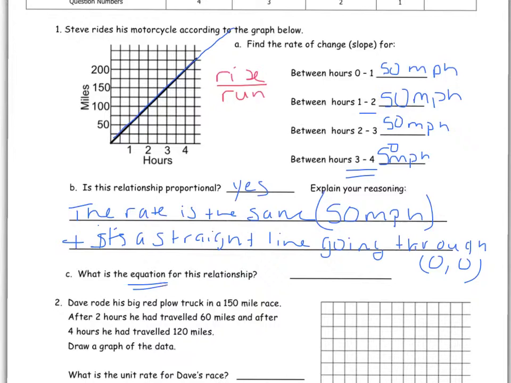And the equation, remember, is just y equals, and many of you used m and h, or y and x, or d for distance and t for time. I'll just use y and x, but the important thing is that you put the 50 before the independent variable, whatever you label down here.